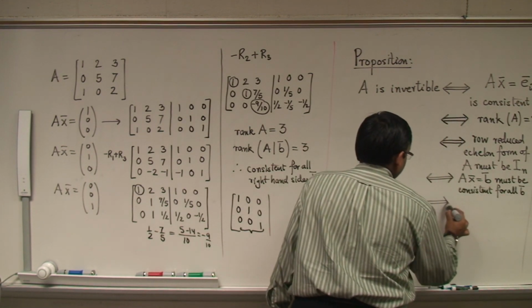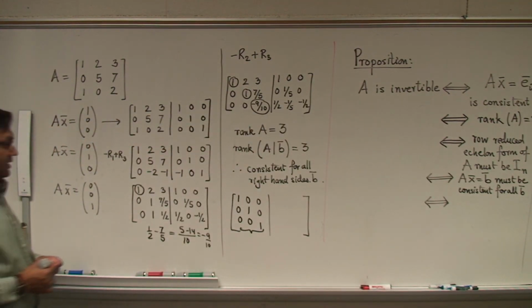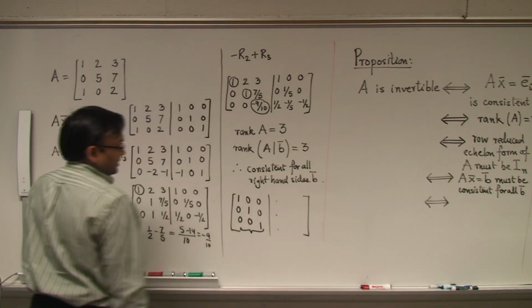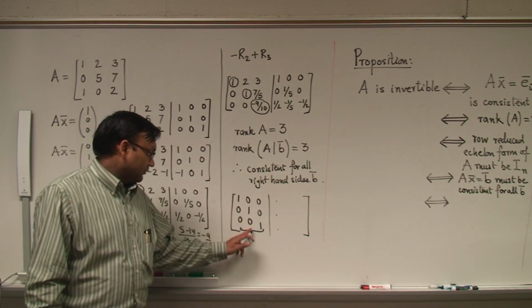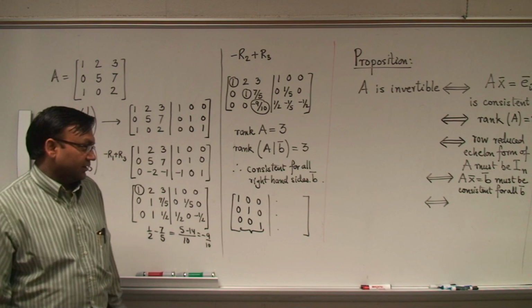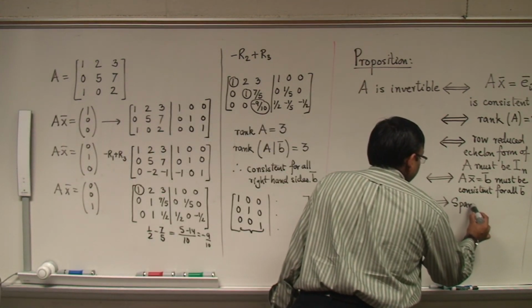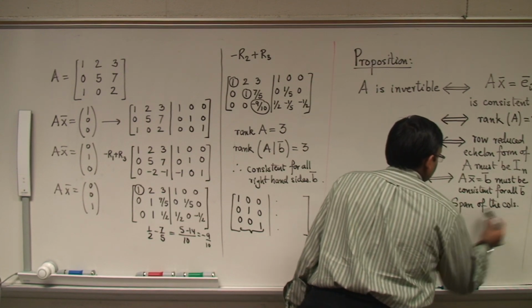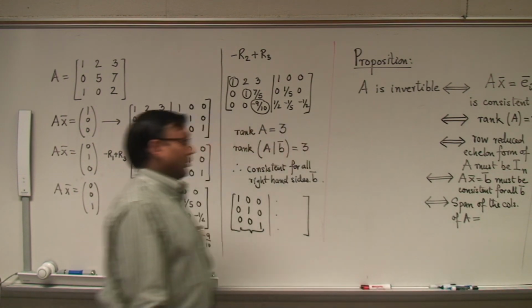But remember, we had talked about the so-called row picture and the column picture. Every column that I put over here on the right-hand side, if the system is consistent, that means the columns of my coefficient matrix can linearly combine to produce this right-hand side. So can I say that the span of the columns of A must be equal to what?